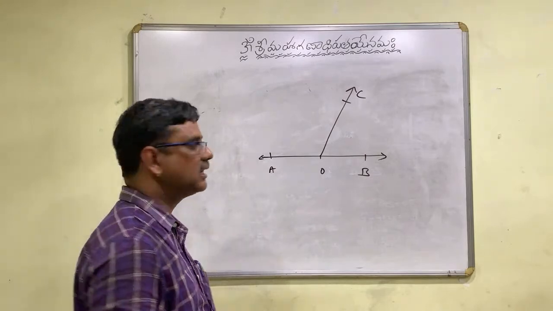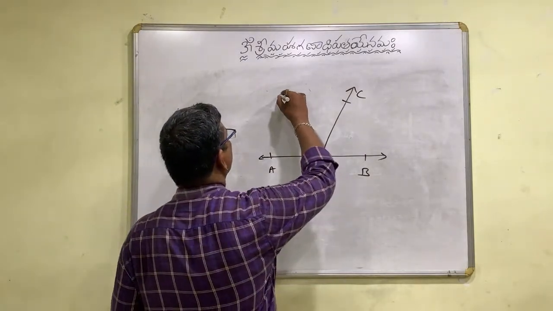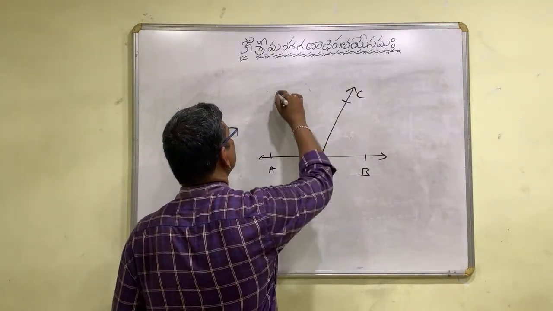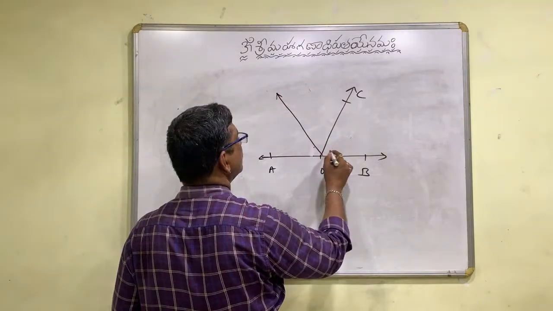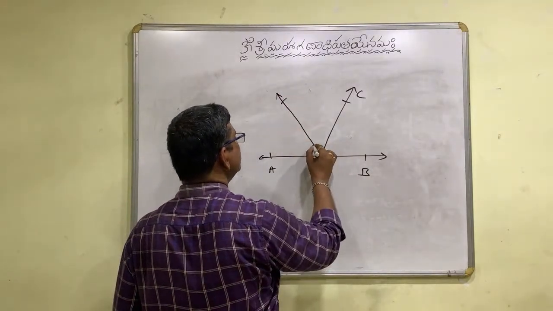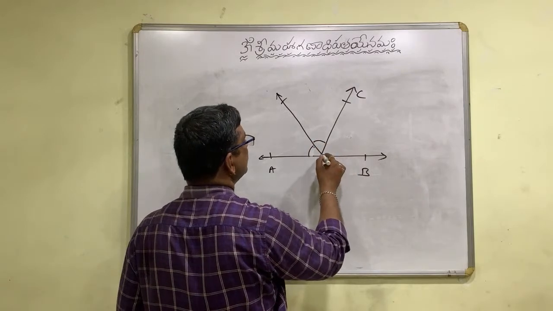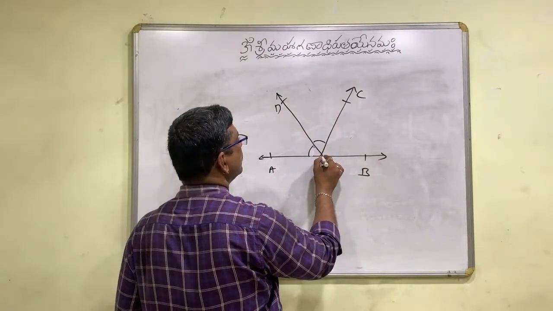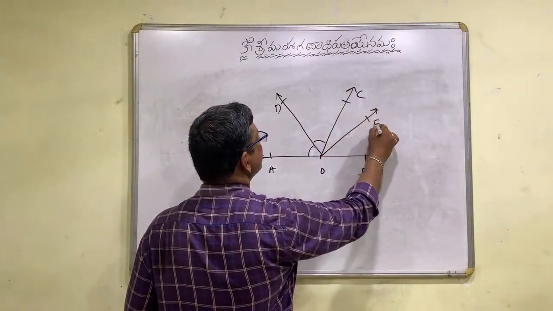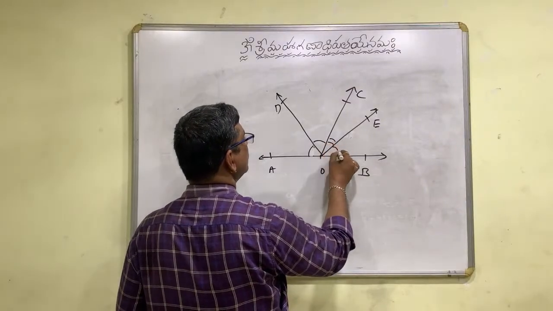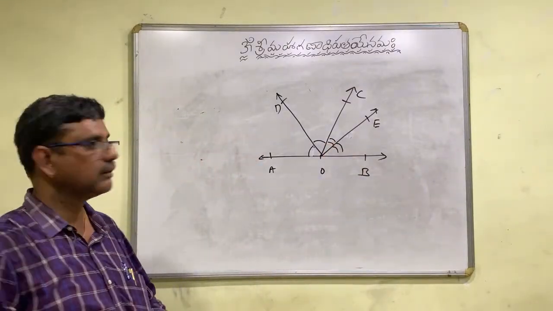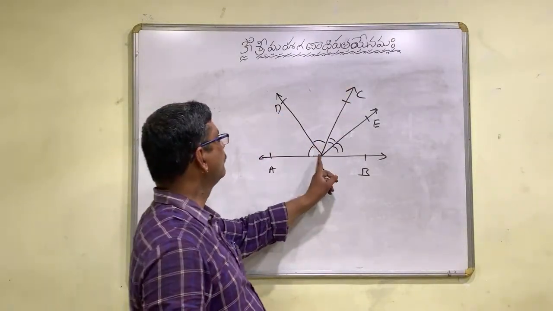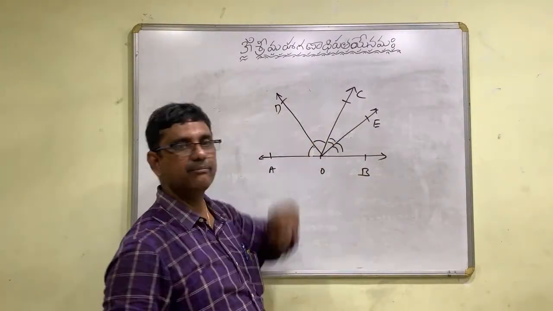Moreover, they are supplementary angles. OD is the bisector of angle AOC. OE is the bisector of angle BOC.